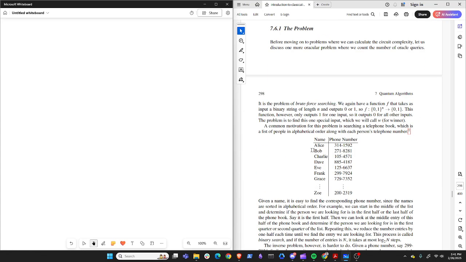So Grover's brings quantum ability to searching.